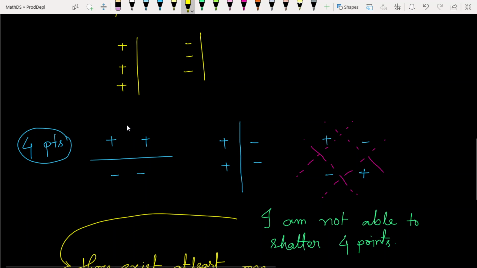Configuration means a combination of labeled points: this is one configuration, this is one, this is one.